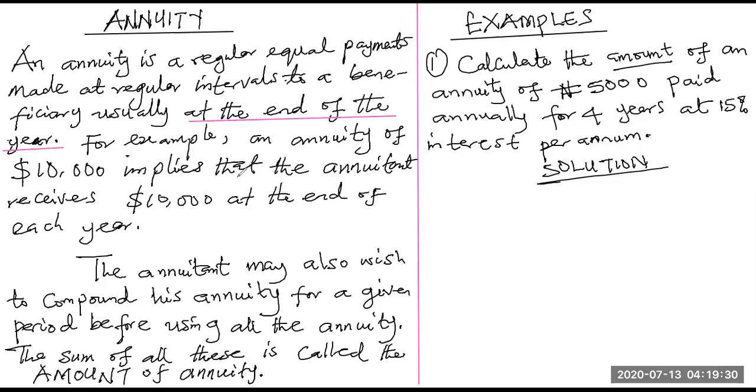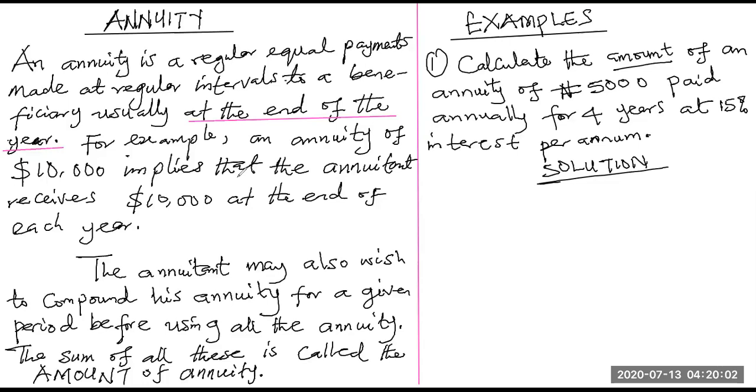Remember, we learned about compound interest: you have a starting capital of 10,000, you compound it for 5 years, and you get an amount, which is your profit plus your principal. But under annuity, remember, the annuity comes at the end of each year. So there are different annuities coming, because the investment company you invested with is giving you this amount every year.